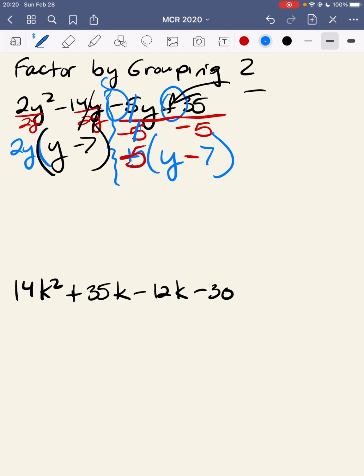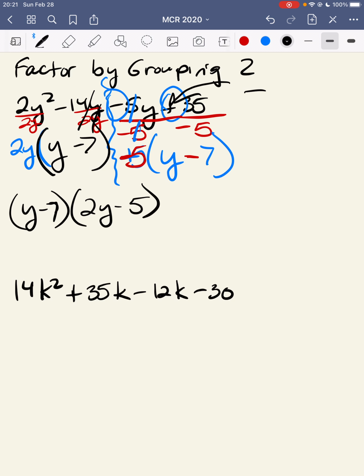And I see now that my binomials match. So I'm going to go ahead and factor out my binomial GCF, which is y minus 7. Remainder goes to a second binomial, which is 2y minus 5.